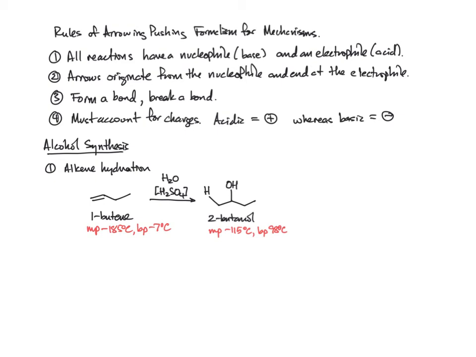So how exactly does this happen? What is happening mechanistically? How can we rationalize it with the arrow pushing formalism and these rules shown up here?